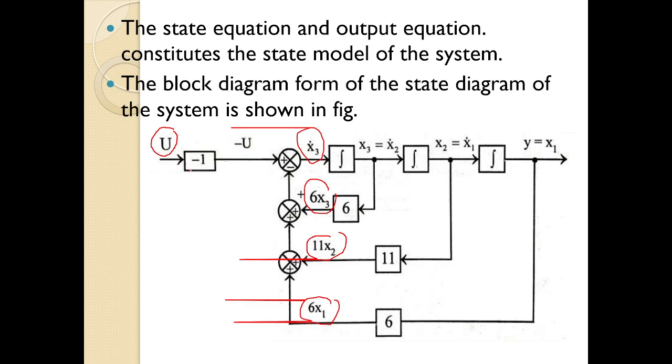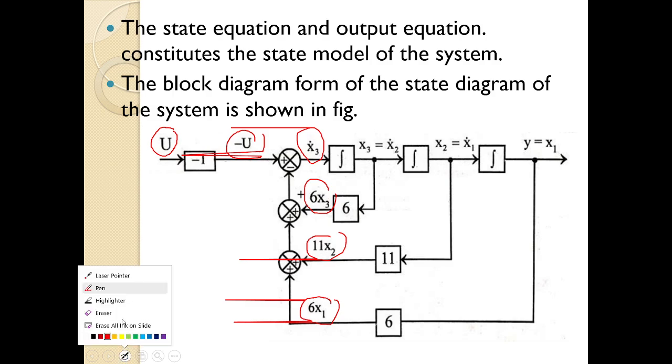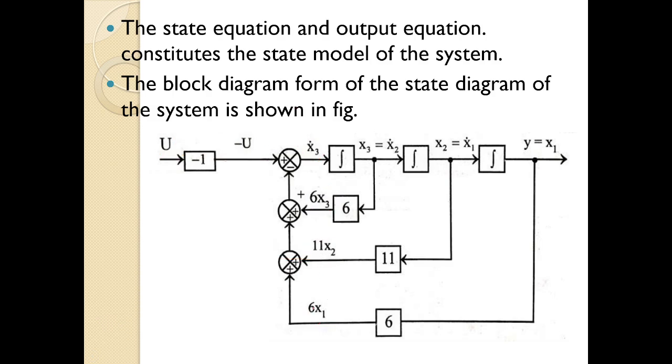Write minus 1 as its transfer function block. Now you will get the output of this as minus u. So minus u, plus minus 6x1, minus 11x2, minus 6x3 is equal to x3 dot.